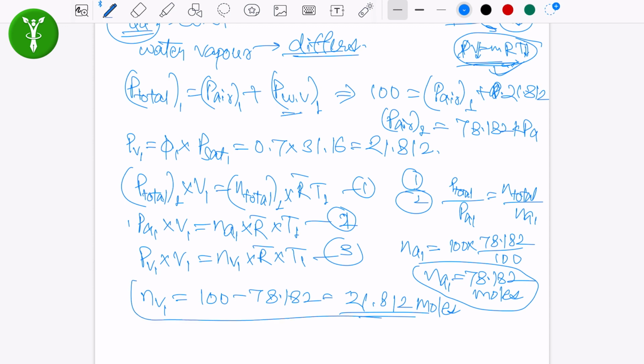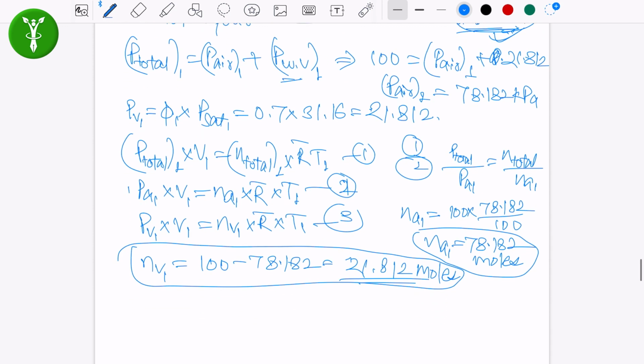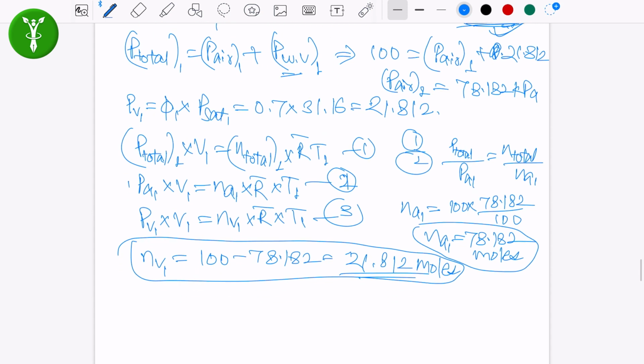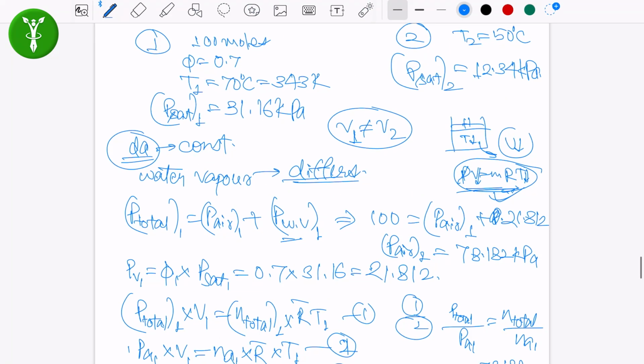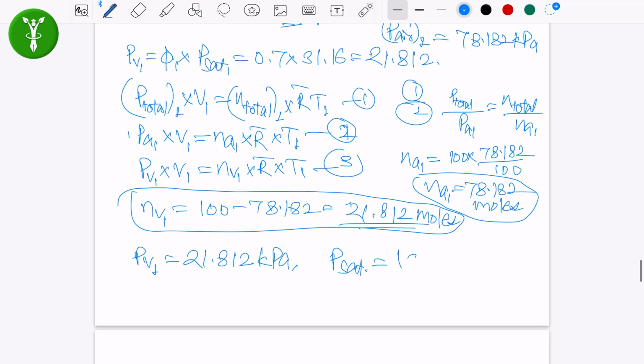Okay, and let's understand the situation in state 2. So at 2, what is happening? Our PV1 in the first case is 21.812 kilopascal, but P saturation in the second case is 12.34 kilopascal.